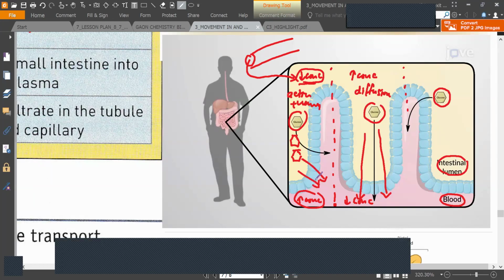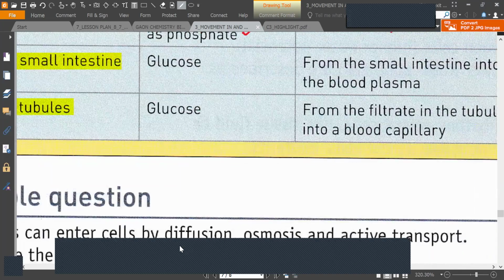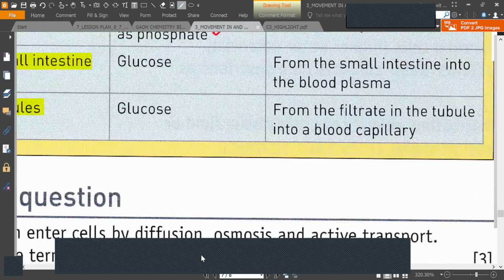That is when we use active transport for the small intestine: we bring glucose from the small intestine into the blood, so we don't waste anything.